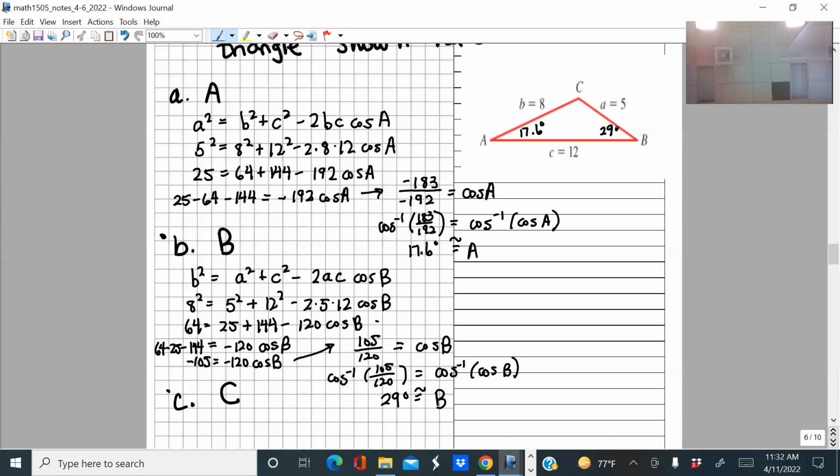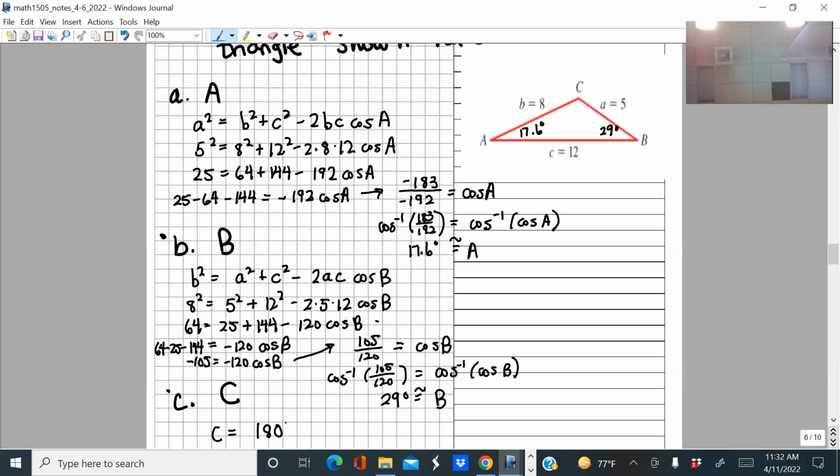Now, that angle C, of course, you can figure that out also by using the law of cosines again, in exactly the same way. But now, assuming that we have computed these two angles correctly, since we know both of these angles, we can use what I mentioned before, that the three angles in a triangle have to add up to 180 to find out what C is.